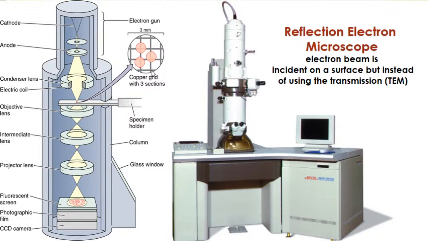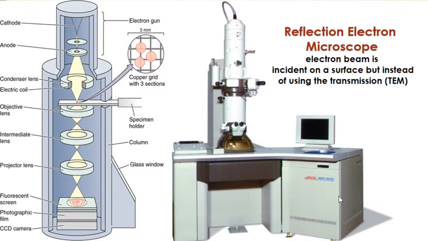This electron beam migrates through a series of condenser lens, electric coil, objective lens, intermediate lens, projector lens, and all is collected on the fluorescent screen or a special camera which makes the photograph.